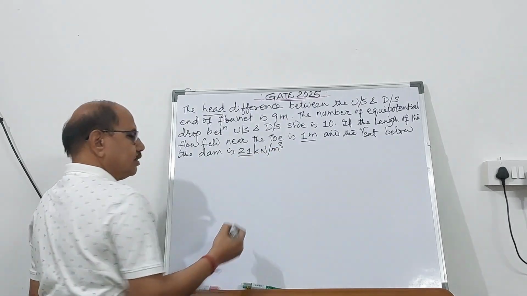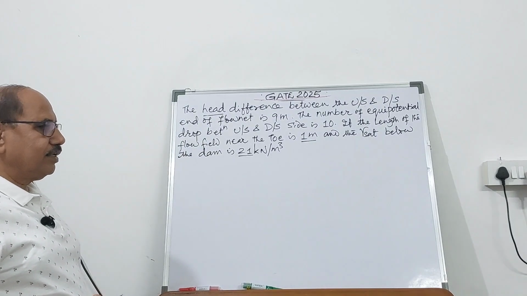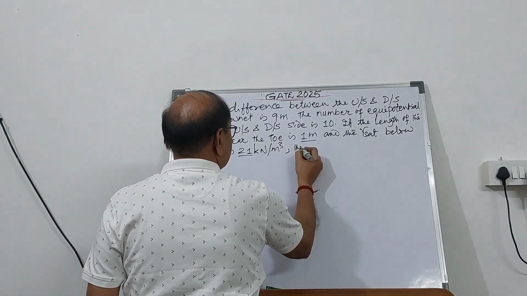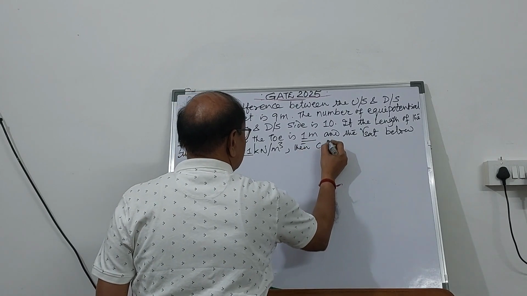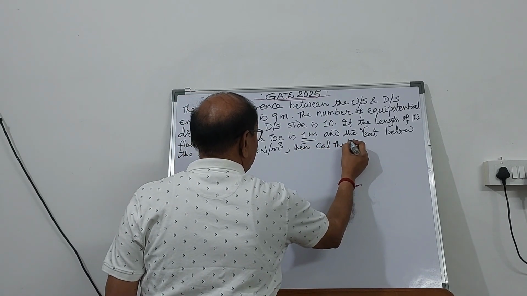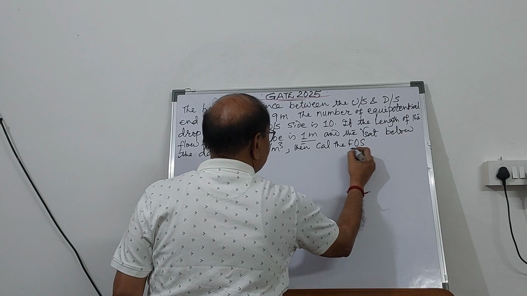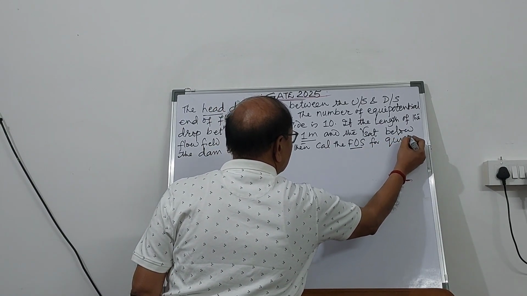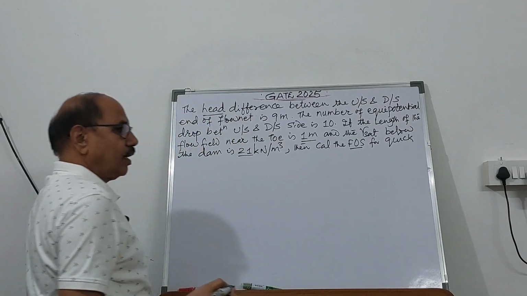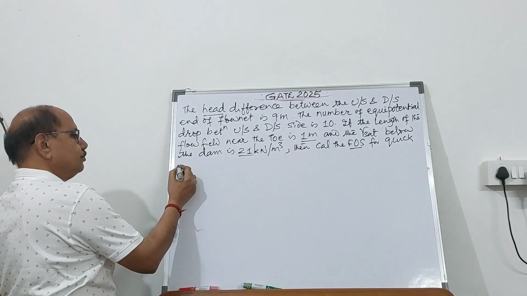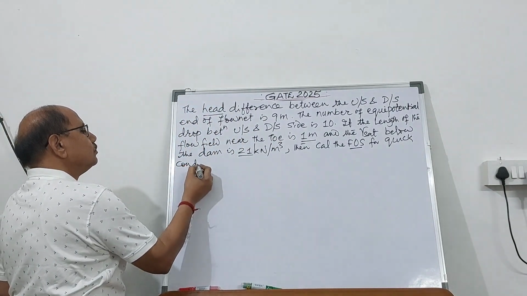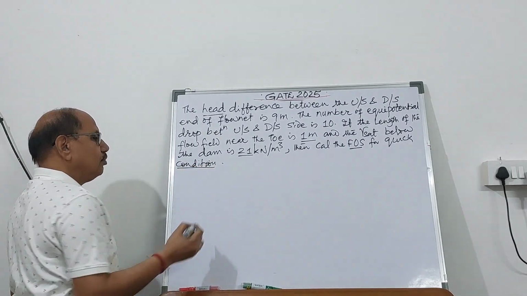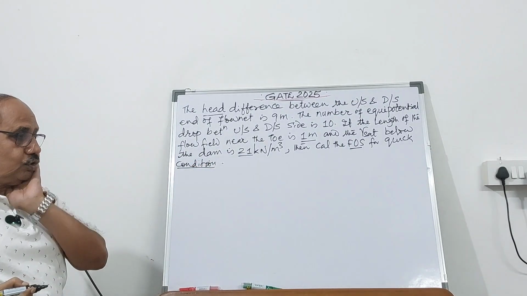So gamma saturated is given to you over here, 21. Then calculate the factor of safety for quick condition. This is the problem that has been asked in GATE 2025.